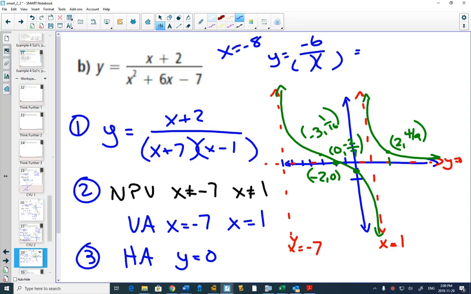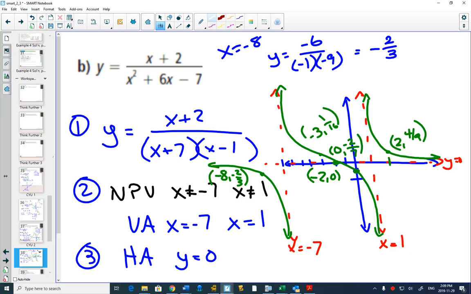Plug in -8 here, -1, -9. This will simplify to be a negative 6 over 9, which reduces to 2/3. So I know I have the point (-8, -2/3).